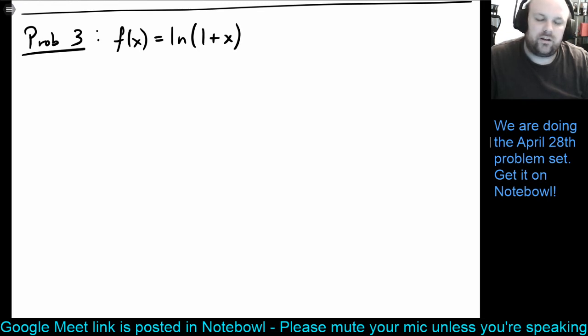One option here is to go through the Maclaurin series process: take multiple derivatives of this, and go from there. But for ln in particular, there's a better way to get the power series.